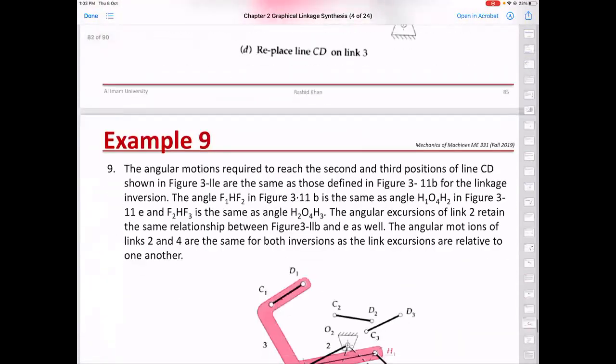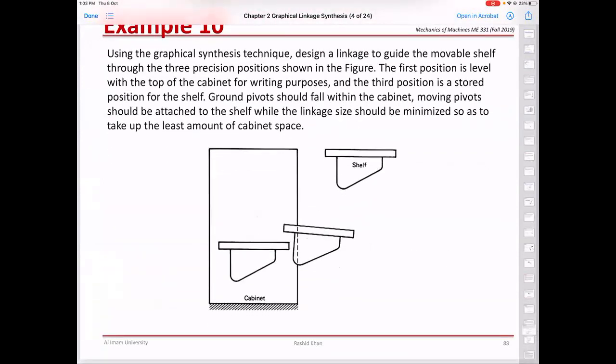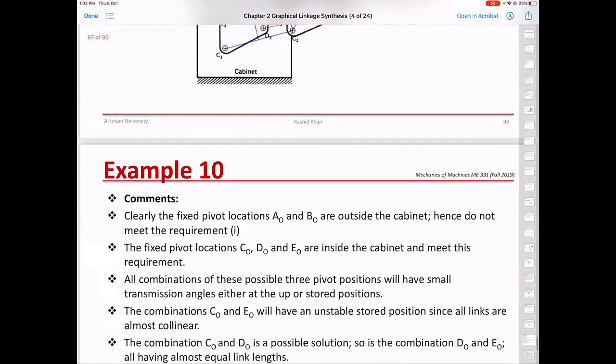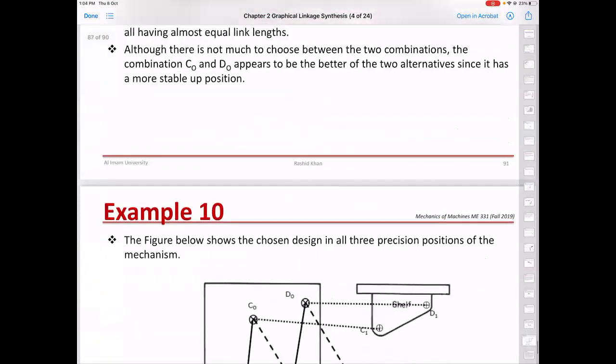There is a problem number 10. Yeah, it's part of your discussion here. So what you need to do, you need to understand this problem by yourself, right? Try to replicate it, okay? The procedure is given here, and try to understand it, okay?